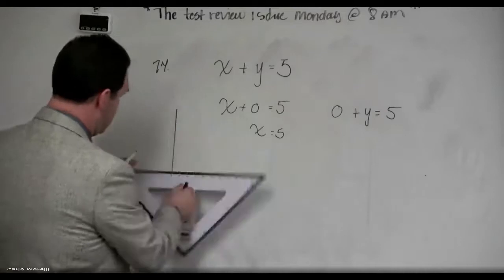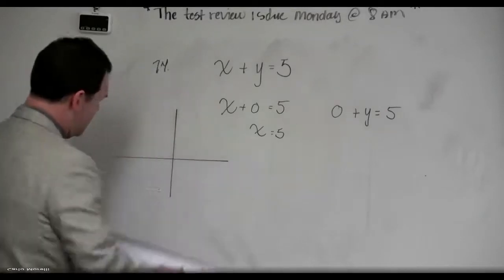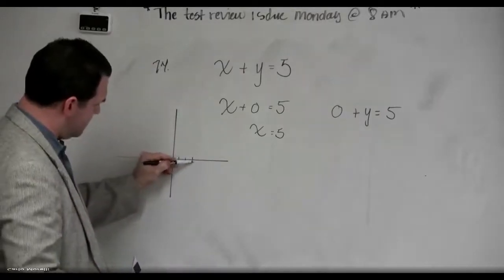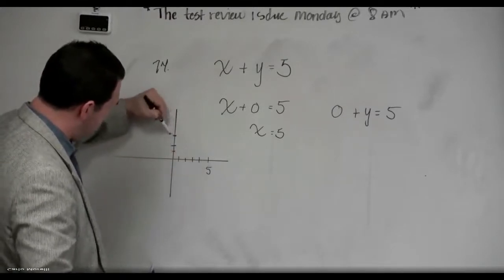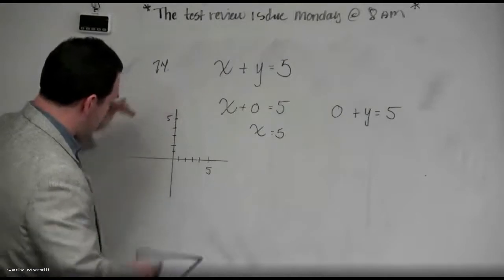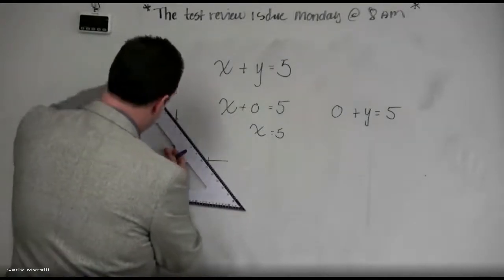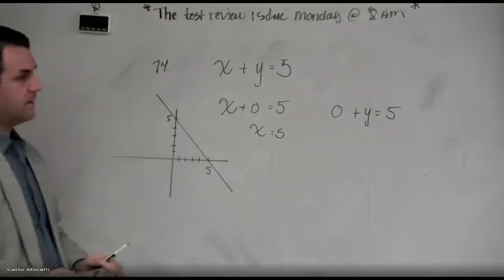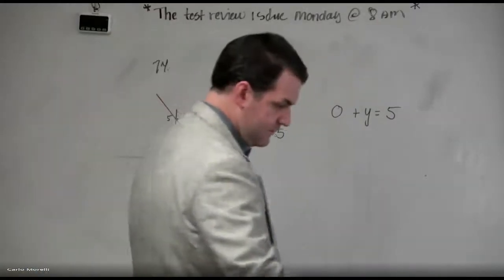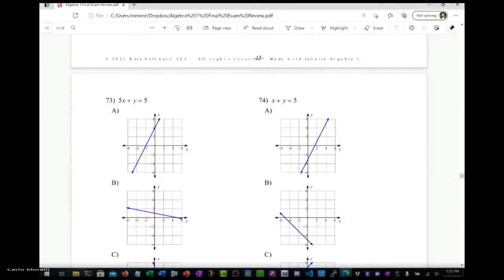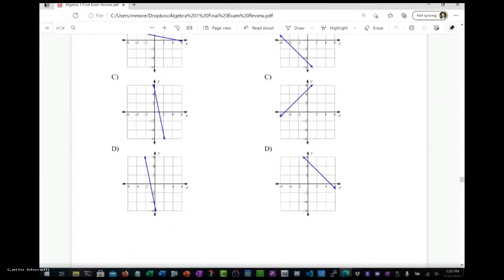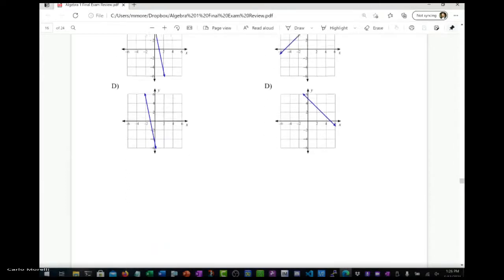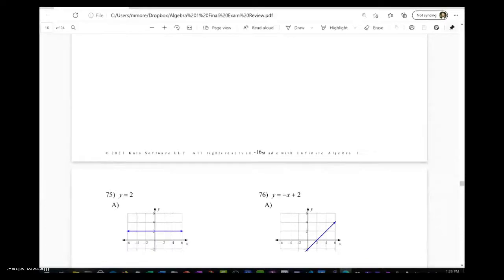So my picture, 1, 2, 3, 4, 5, 1, 2, 3, 4, 5 will look like this. So looking back at the pictures, what do we think? D. It's D. Okay.